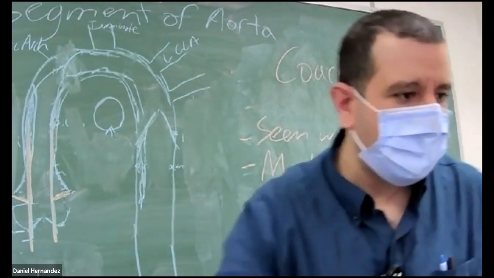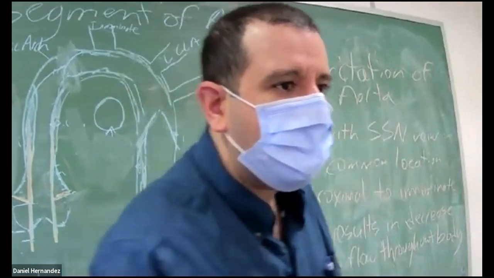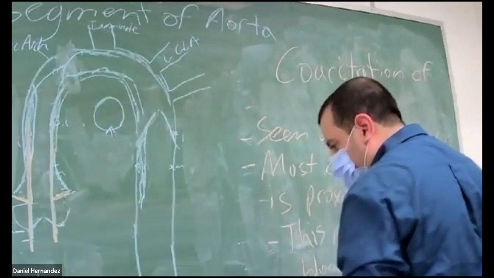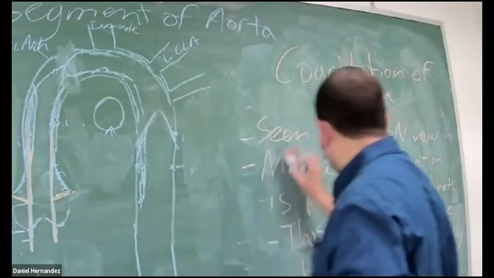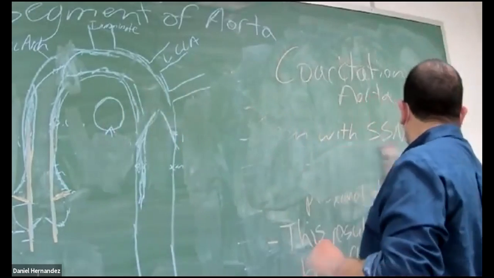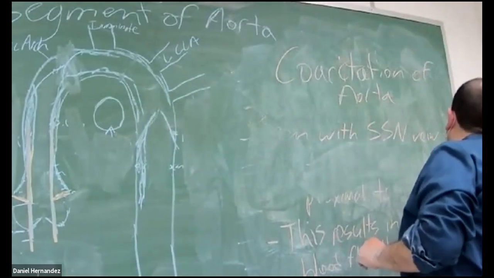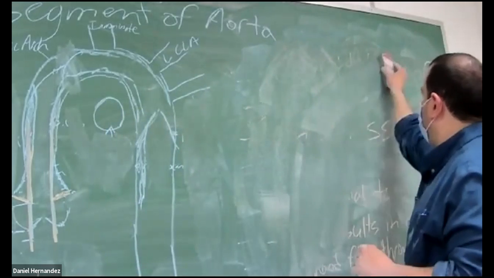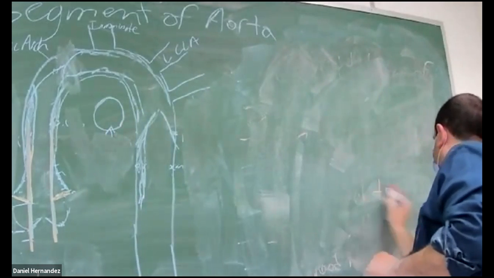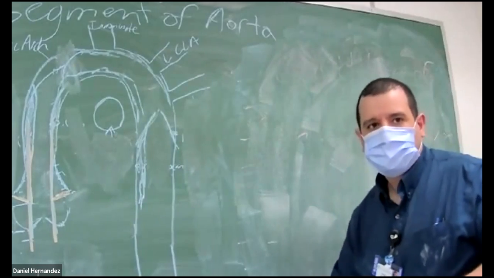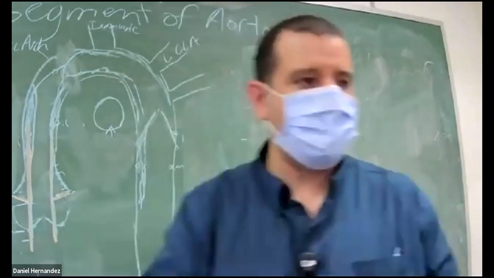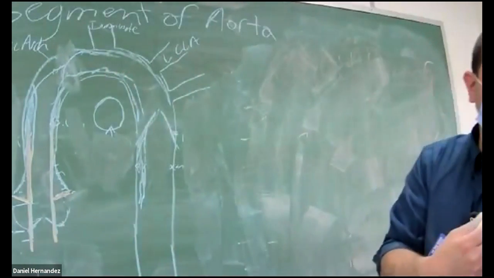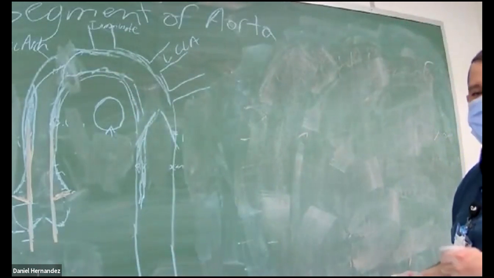I think one of the last couple of things is aortic pseudoaneurysm, which we discussed a little bit before. So a pseudoaneurysm is a contained rupture of the aorta.